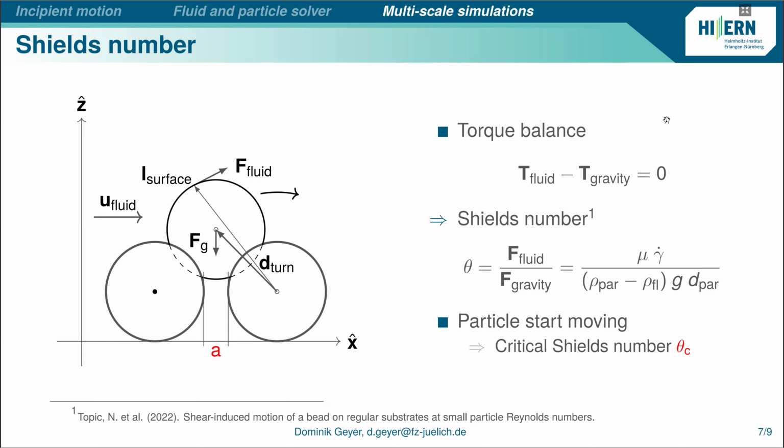What was shown so far? We showed that this Shields number does not fully describe the system. We also have the friction between the substrate and the particle. Obviously, when I increase the shear rate, there is a certain point when the particle starts moving. This is the so-called critical Shields number, and it is determined simply by increasing the shear flow, by increasing the velocity.